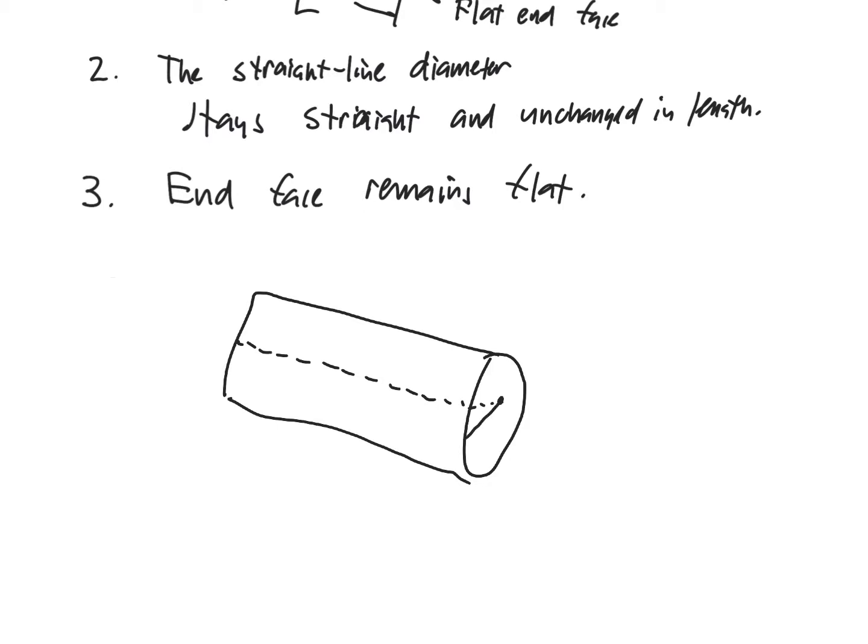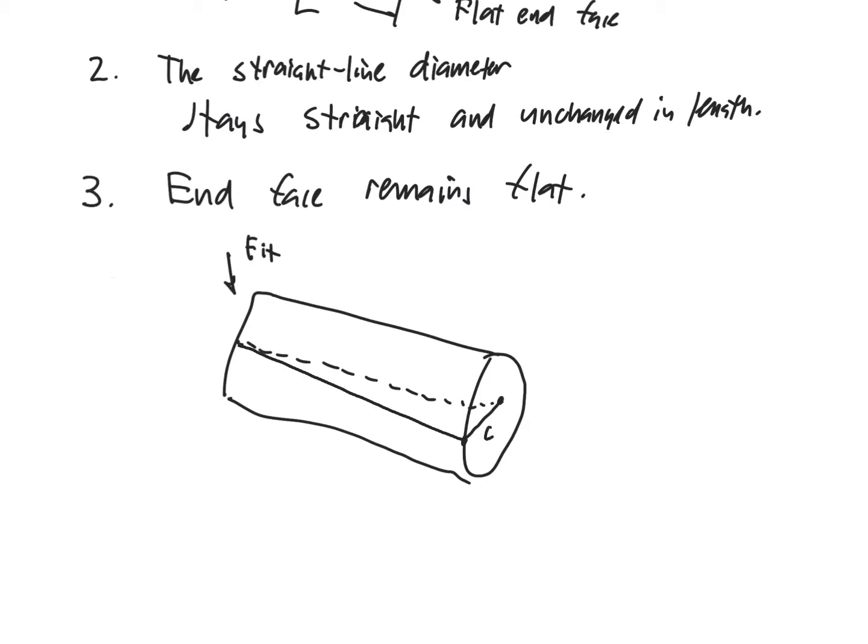Now, we're going to assume that this end is going to be fixed, so we're going to fix that end and let the other one rotate. So what happens, that straight line length then basically moves down to here, like so. So there is the deformed path of a particle at the outer radius.